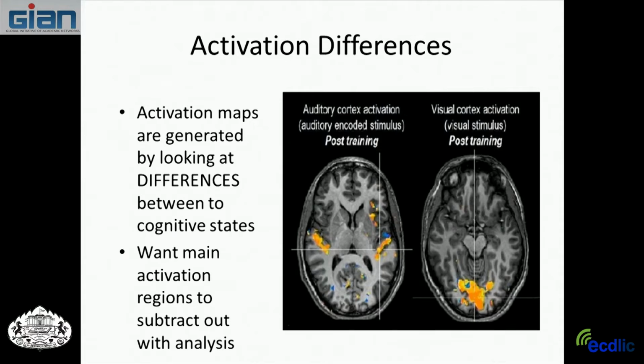We want regions that are very prominent in activation, for example the visual system on the right here, to cancel out as much as possible, so that we don't have tasks that differ so much, for example auditory tasks versus visual. If we try to compare these, we're going to have areas of activation attributed to all sorts of different things, and we can't really pick out the effect that we want or attribute what's actually happening to a specific area of the brain if we have the brain activating all over the place.